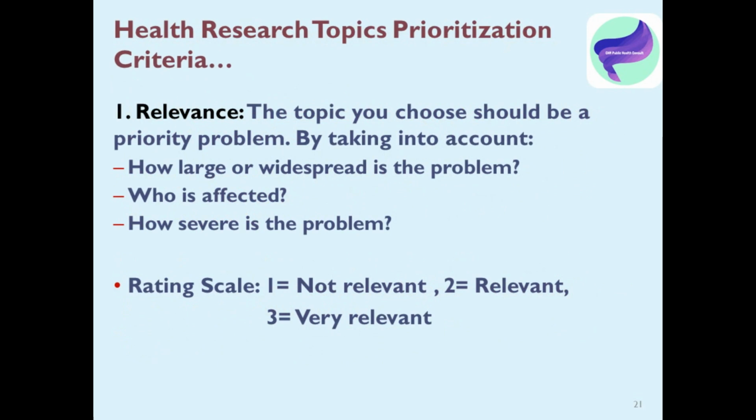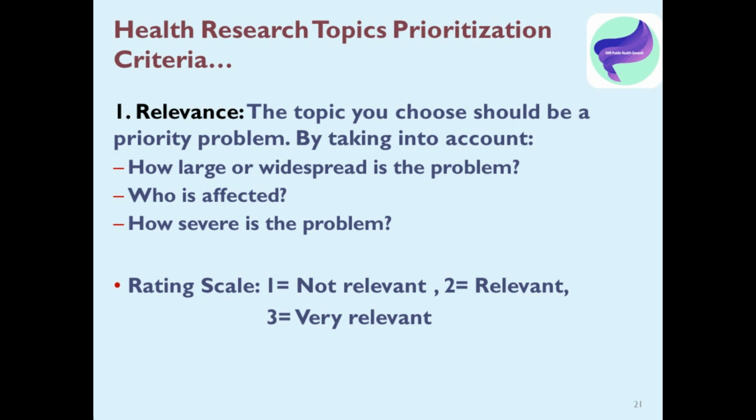Now let us see health research topic prioritization criteria. To select one research topic for our research project, we can use criteria. One of the criteria is relevance.